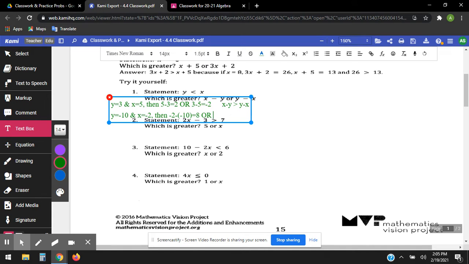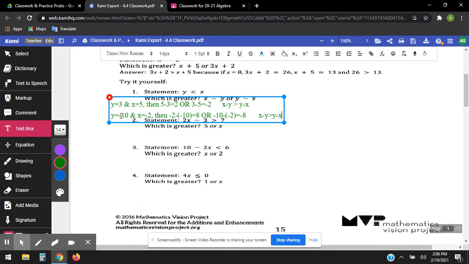Our next one, we're going to flip them, so negative 10 minus negative 2 would equal negative 8. So in this case, still our x minus y is greater than y minus x.